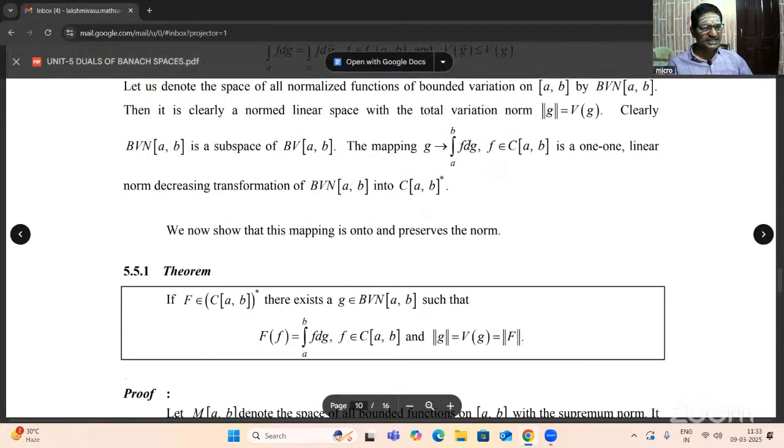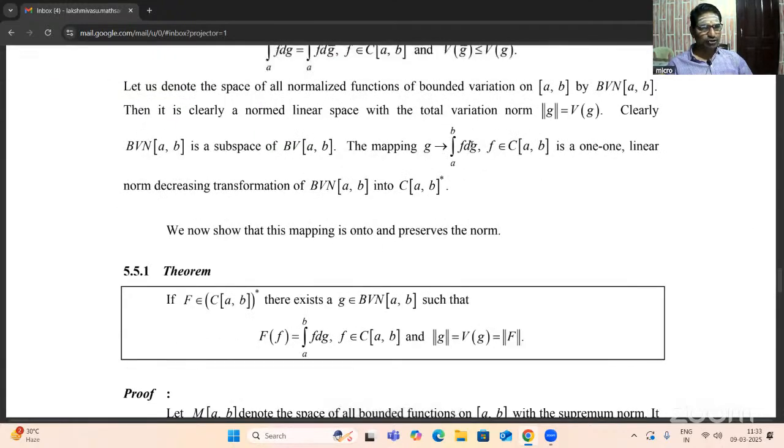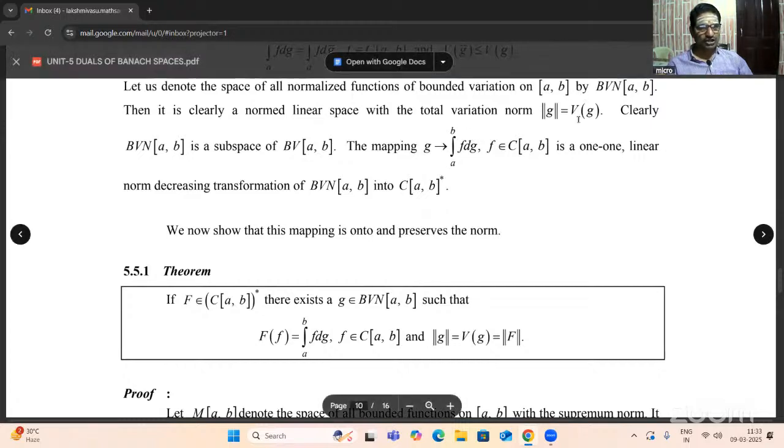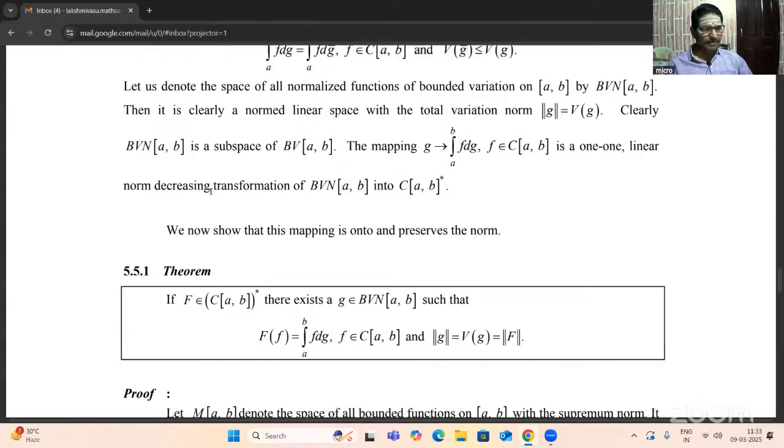Okay. Finally, g converges to integral a to b f dg on the total variation of this part. So that is also represented as a norm decreasing transformation of bounded variation on the closed interval ab into the conjugate of C of ab.